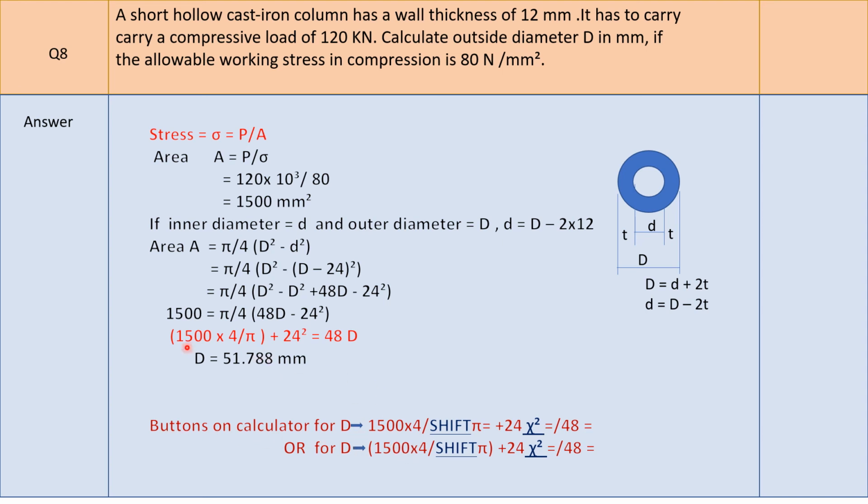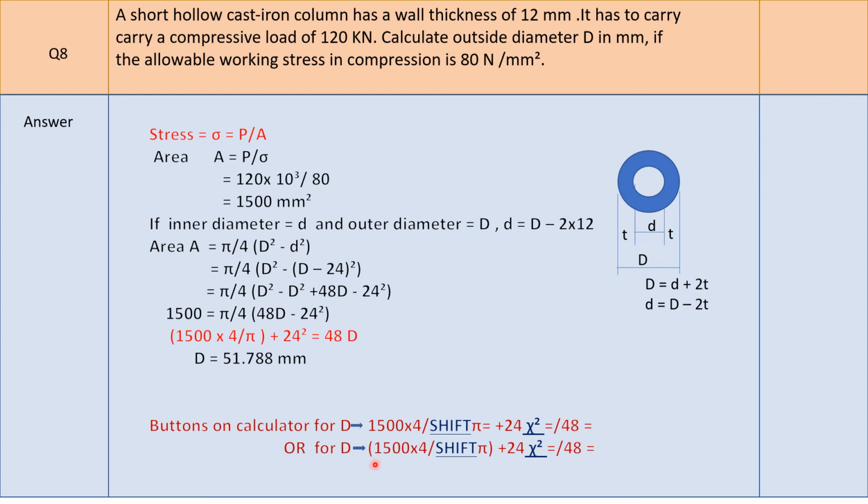Here I am giving the buttons for the calculator. If you don't put the bracket, you have to do it like this: 1500 into 4 divided by shift pi, then press equal to, then plus 24 square is equal to, divided by 48 is equal to, and you get the answer.